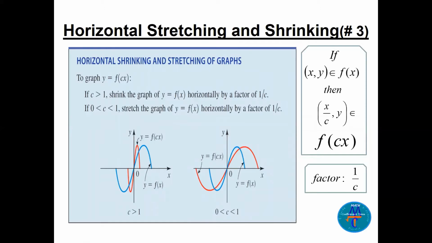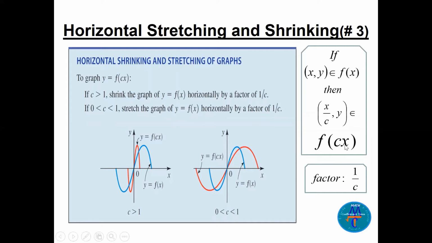Now, horizontal. If we have f of cx, so x is multiplied by c. This is a little tricky, guys. If x is multiplied by c, then the factor is 1 over c. I will explain in the coming examples why.